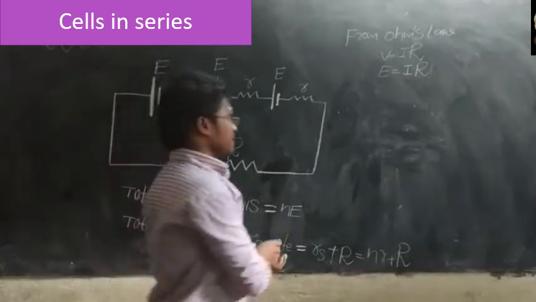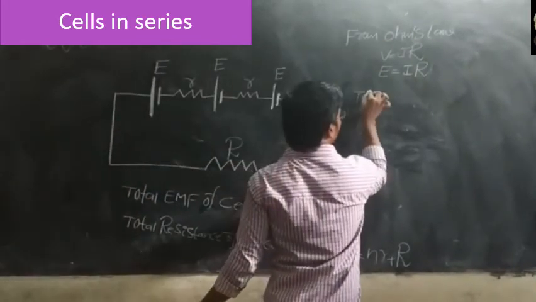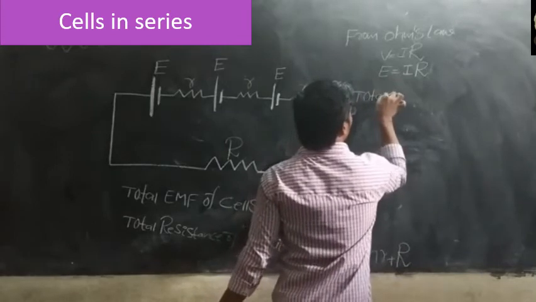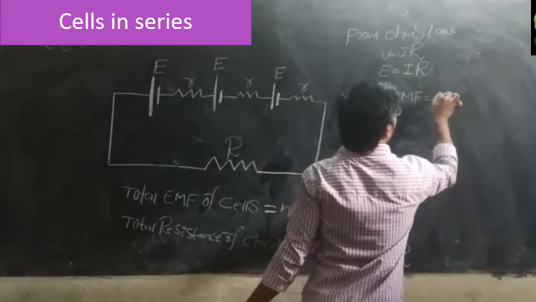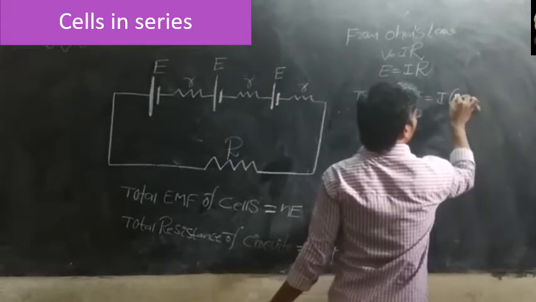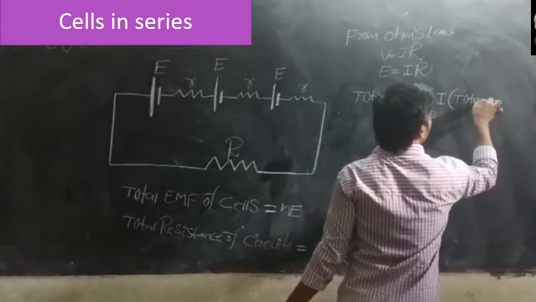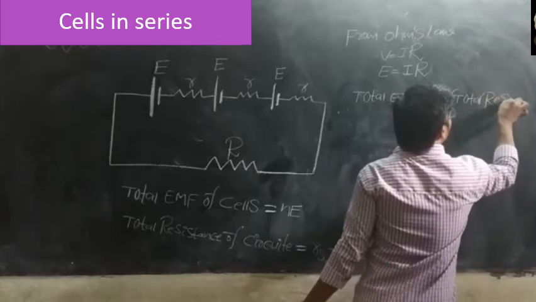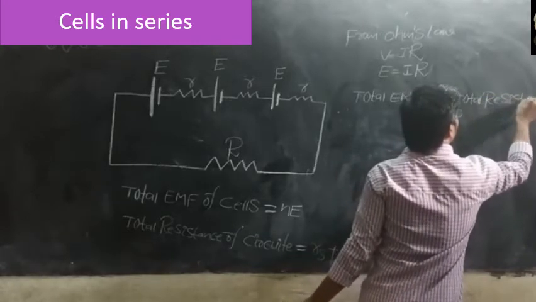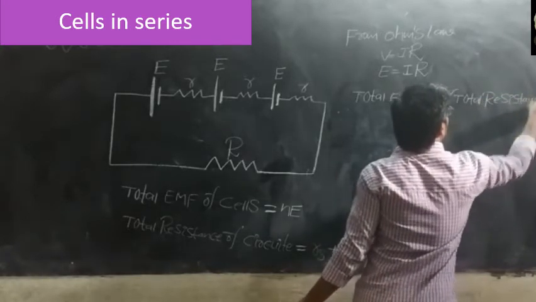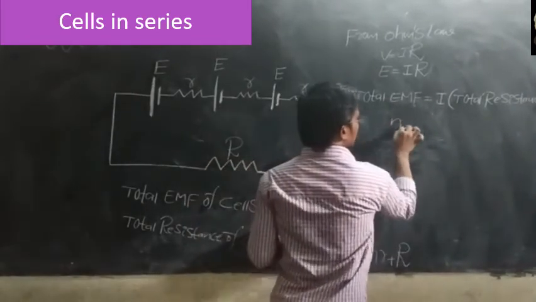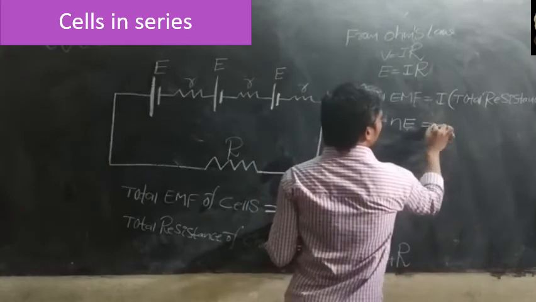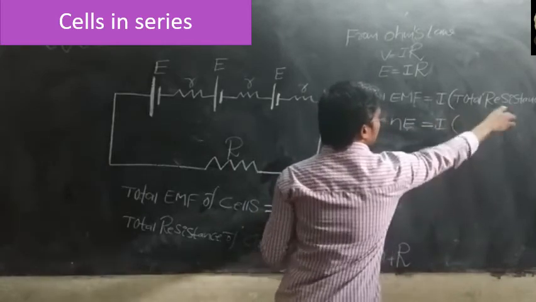So I am writing here: total EMF is equal to I into the total resistance of the circuit. So what is the total EMF? NE is equal to I, I only. What is the total resistance?